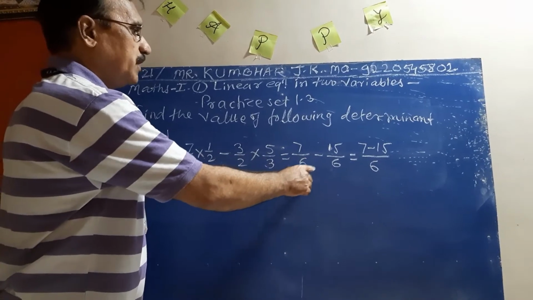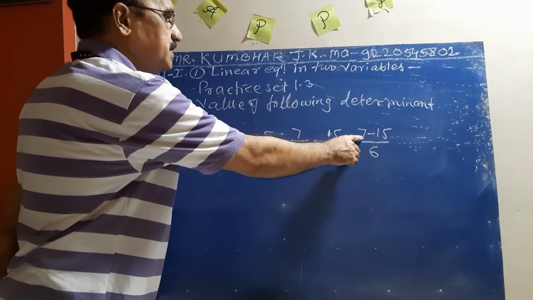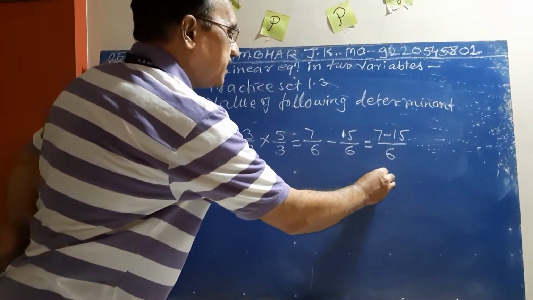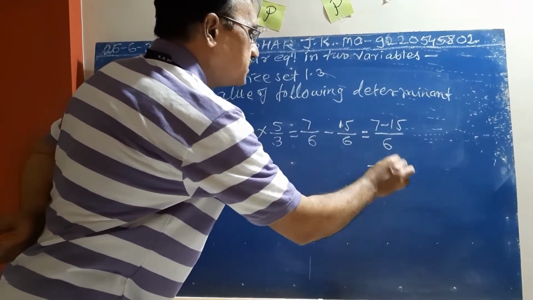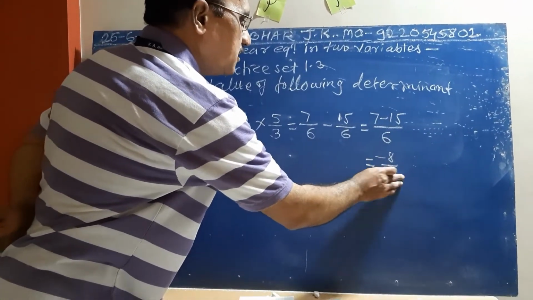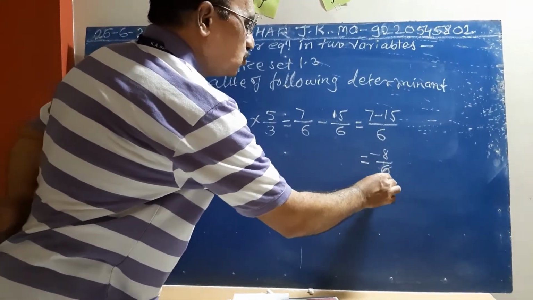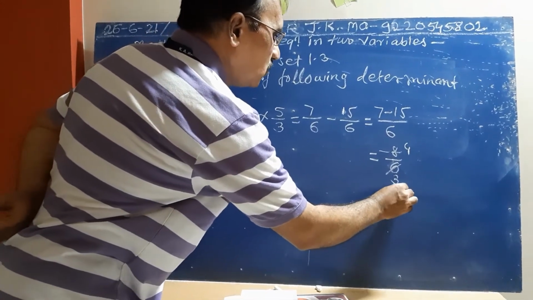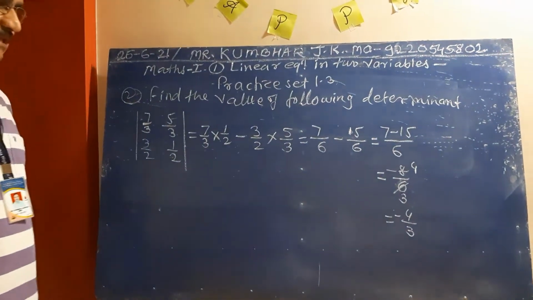Here the denominators are the same. Now 7 minus 15, as it is, divided by 6. 7 minus 15 is equal to minus 8 divided by 6. Both are even numbers. 2 threes are 6 and 2 fours are 8, so the value of the determinant is minus 4 by 3, which is our answer.